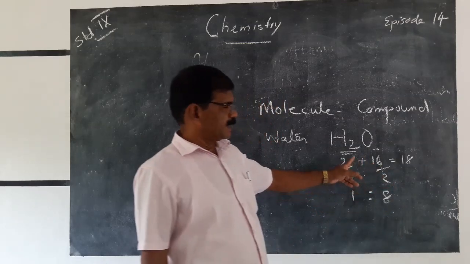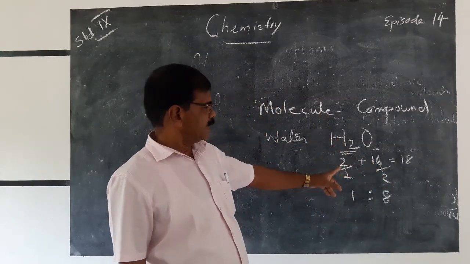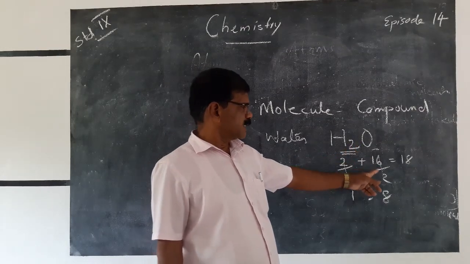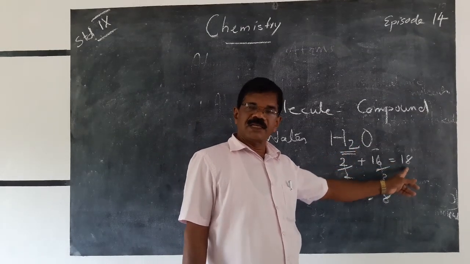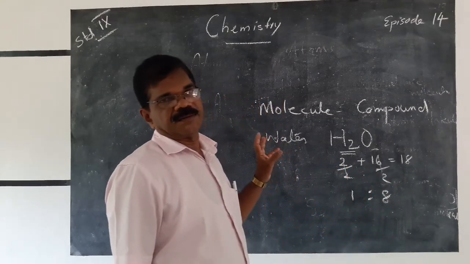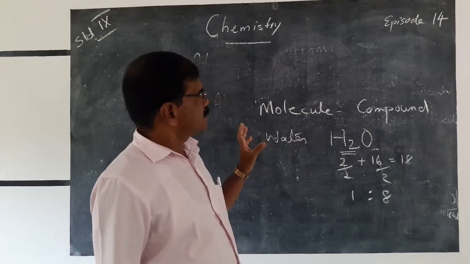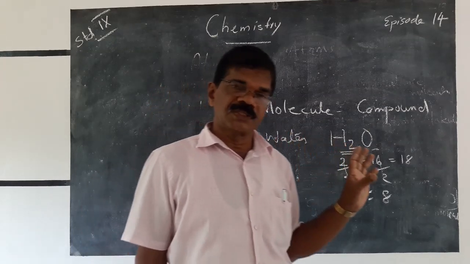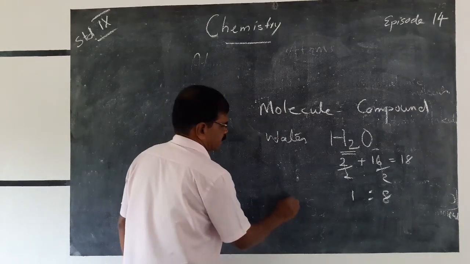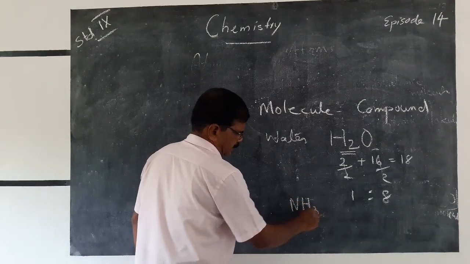In one molecule of water, the mass of hydrogen is 2 and the mass of oxygen is 16, so the total mass is 18. They combine in the ratio 1 is to 8. So this is the molecule of a compound. In the case of ammonia, we write NH3.